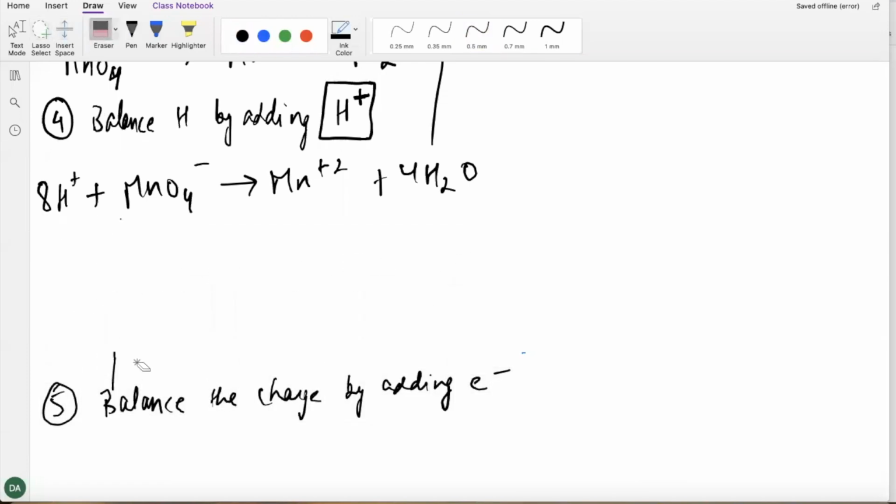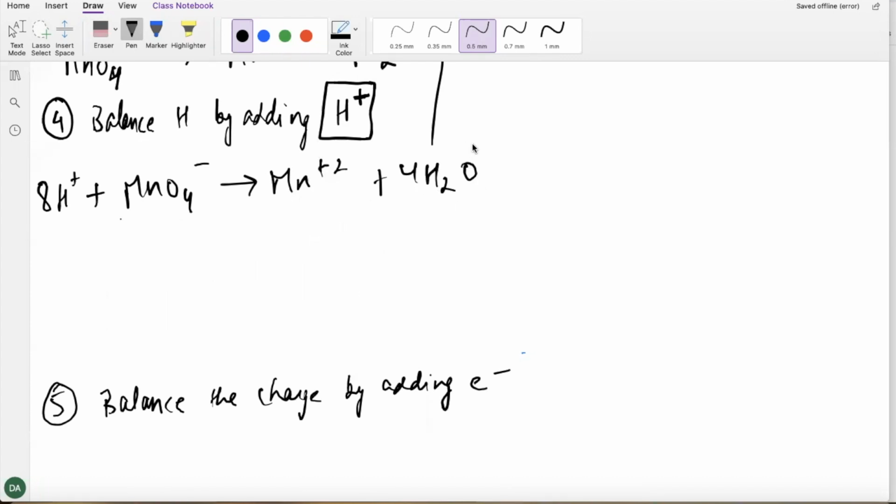When you look at this reaction here, what we need to do is balance the charge on both sides. Tell me, right-hand side has how much charge? +2. Yes. So you see, this manganese has a +2 charge, and water has how much charge, guys?